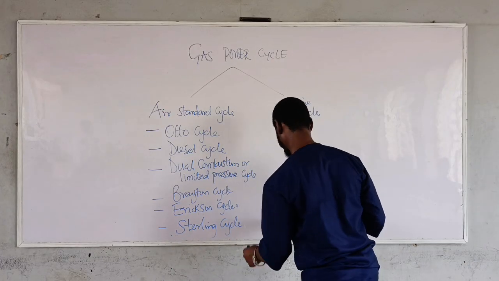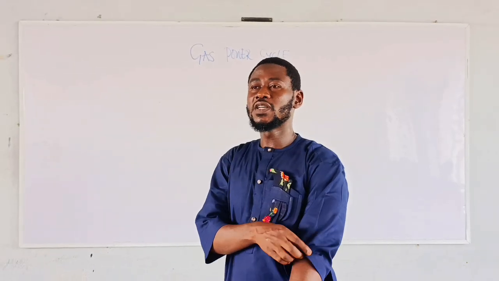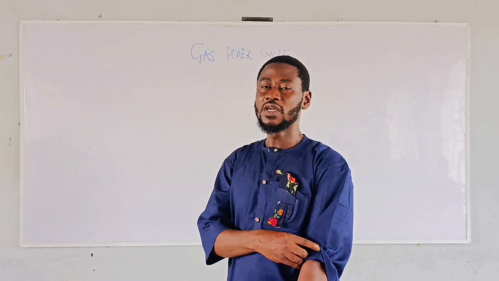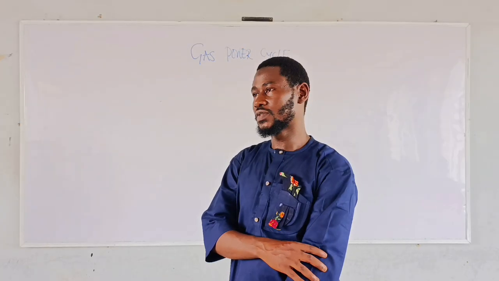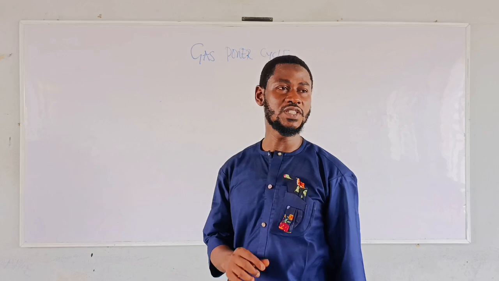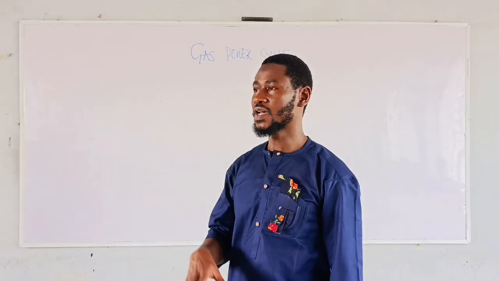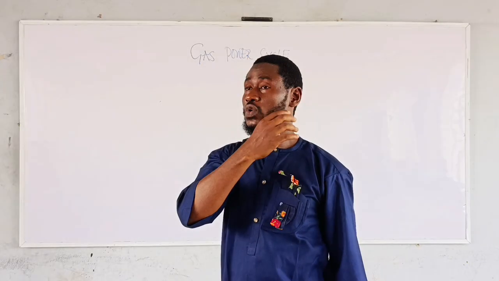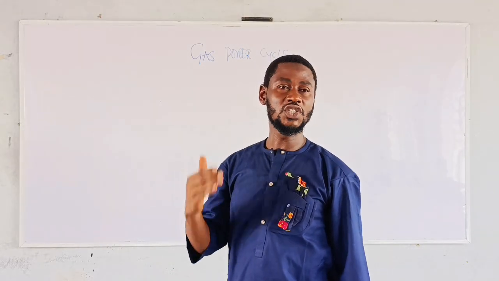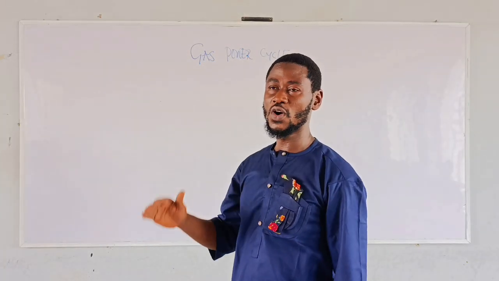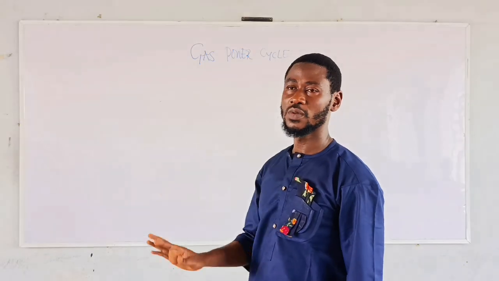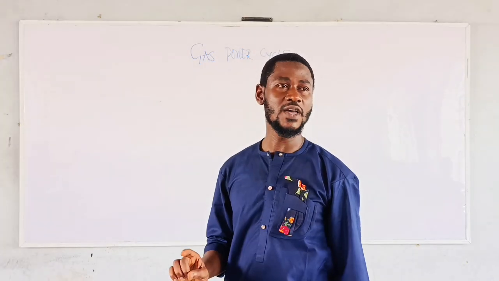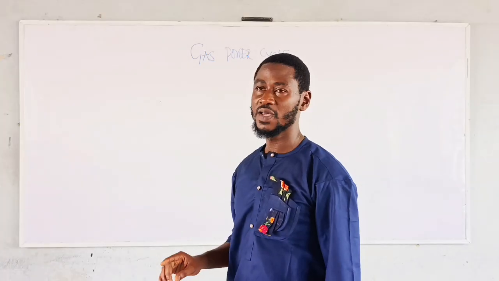Now we have introduced the gas power cycle to ourselves. We said the gas power cycle is a cycle in which the working fluid is gas throughout the process. We also mentioned some of the cycles that fall under gas cycles: the Otto, the diesel, dual cycle, Ericsson, Stirling, and so on.